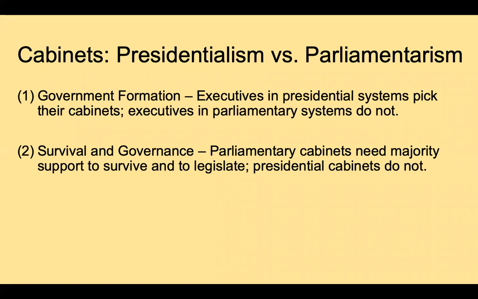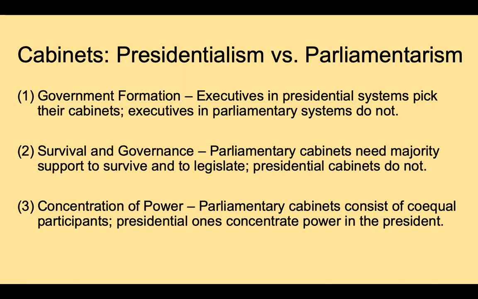They survive independently. In this regard, presidents in presidential systems have a much easier time surviving and potentially governing than do prime ministers in parliamentary systems. That's an important distinction between executives in these types of systems, and it carries potentially important implications for democracy and how democracy functions.